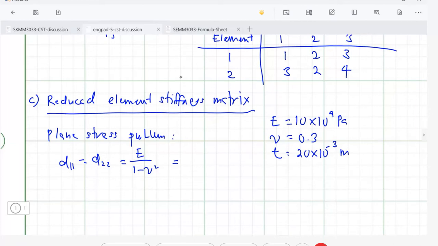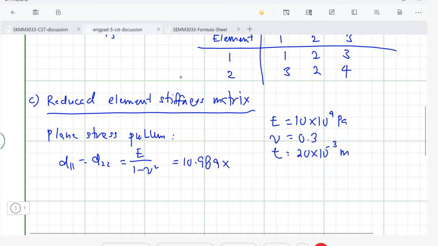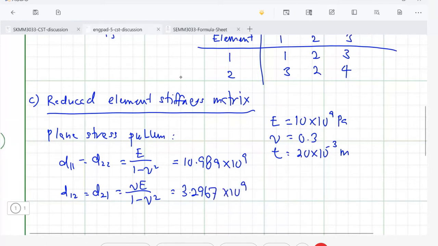If you do the calculation correctly, D12 equals D21 because this is symmetric. This is just mu E over 1 minus mu squared, which is 3.2967 times 10 to the power of 9.